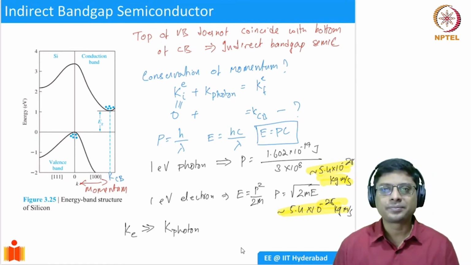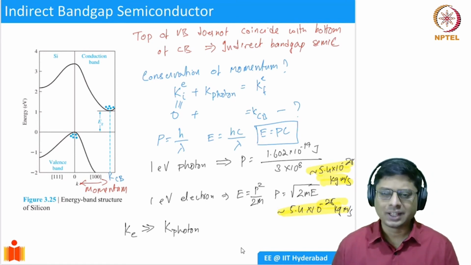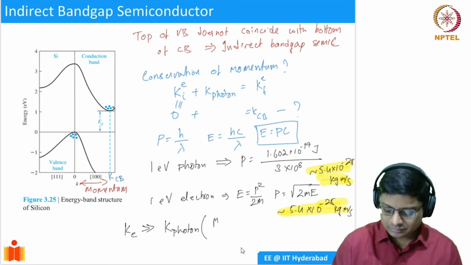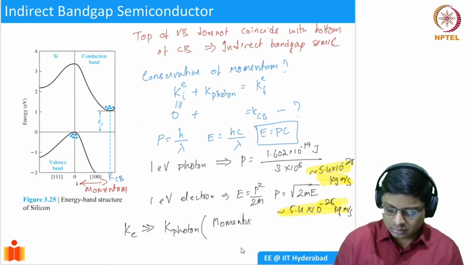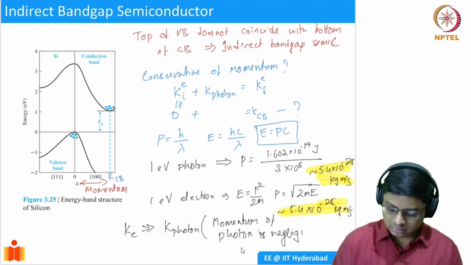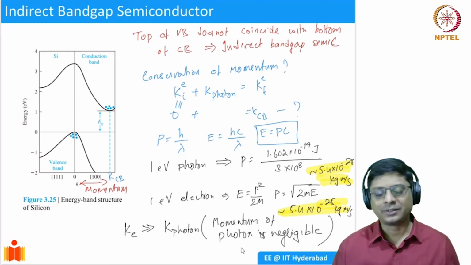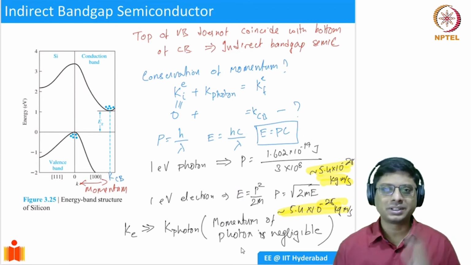That means if you have an indirect band gap semiconductor, the momentum of the photon is negligible. When I say this, I mean negligible in comparison to electrons. So sometimes I'll say a photon has zero momentum, which is just a colloquial, shorthand way of saying that it has negligible momentum compared to the electron.